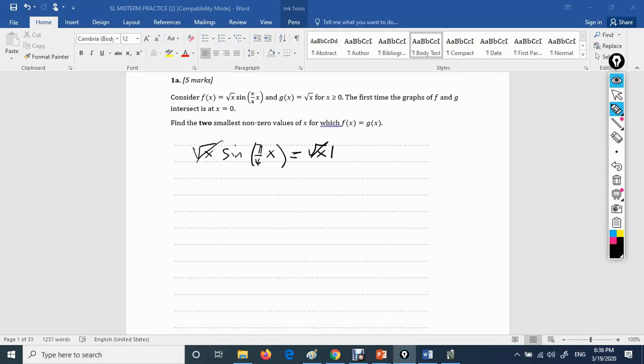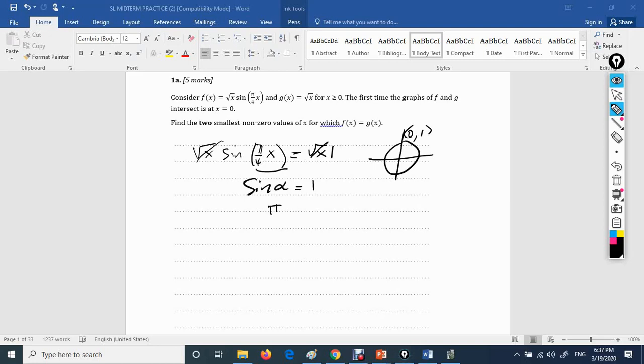So the question is, where does sine of any angle equal 1? Well, we can think about the unit circle, and surely this is where, at (0, 1), sine equals 1. So that means that this has to equal pi halves, or multiples of pi halves.